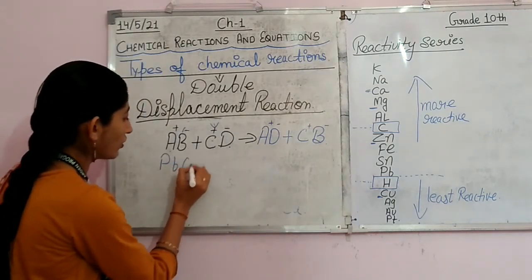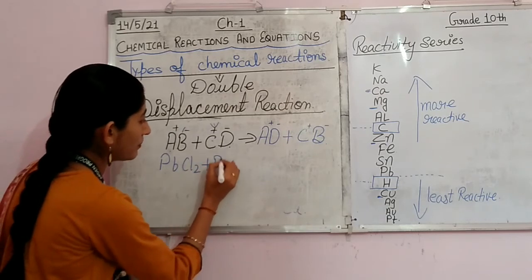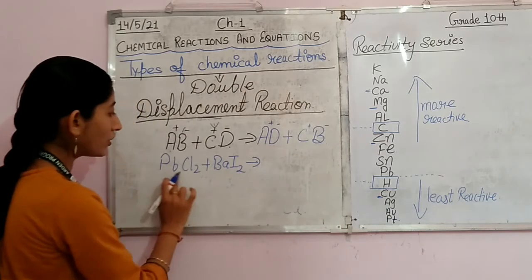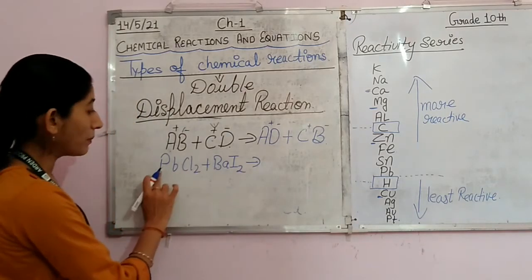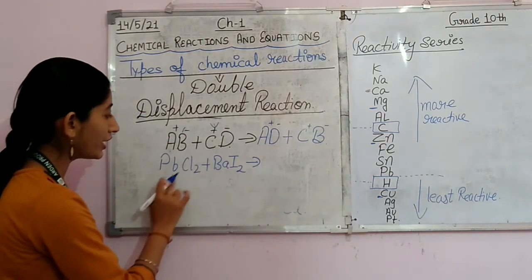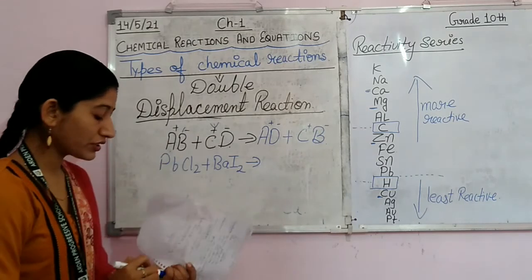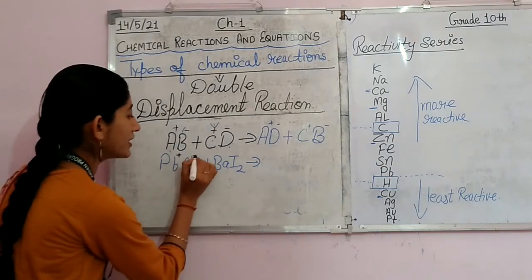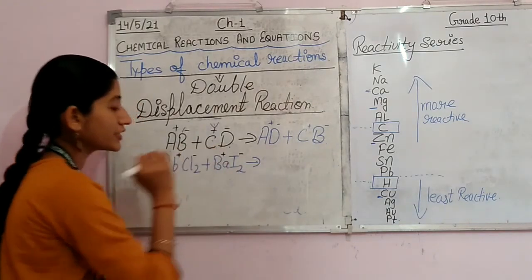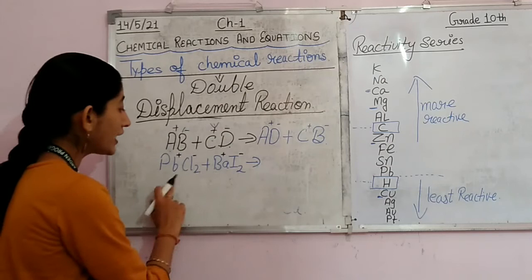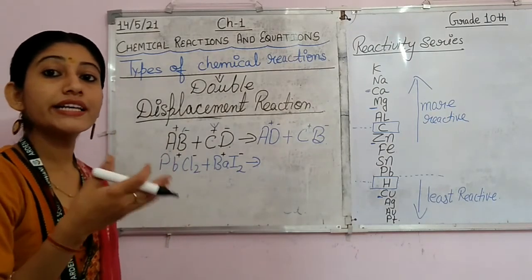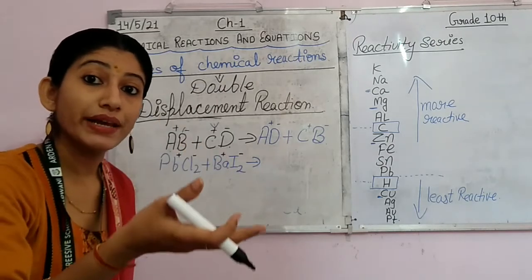When lead chloride and barium iodide combine with each other, what happens? This is positive, this is negative, this is positive, this is negative. So here both are compounds, and now the double displacement will take place.